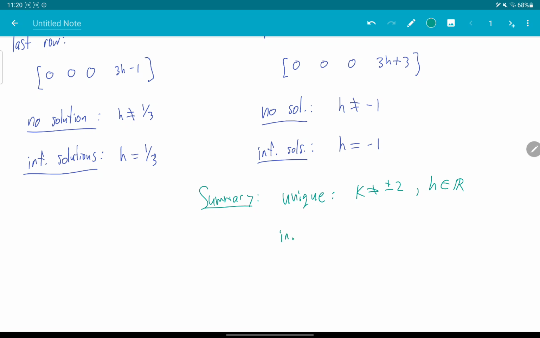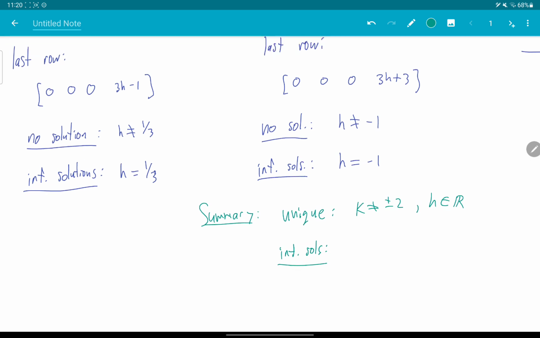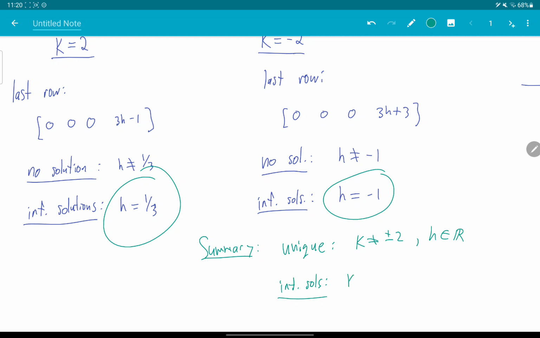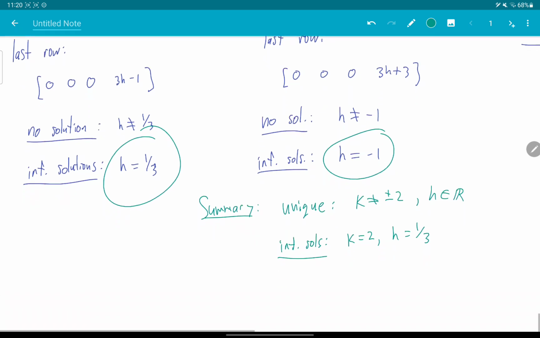Then we have infinite solutions. Gotta be a bit careful when we collect this information now. Infinite solutions happened here and happened here. So that is k equals 2, h is a third, but also if k is equal to -2 and h equals -1.